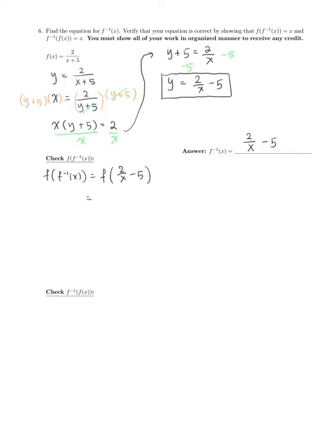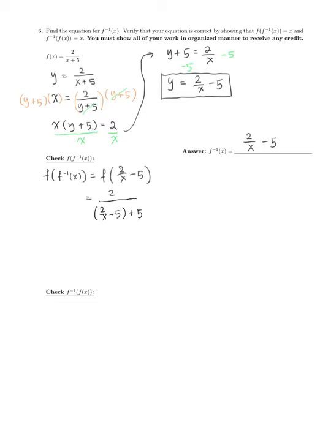So now what we need to do is look at function f, and then replace its x with what's in the parentheses. Are you all with me? So here you need to replace this x with 2 over x minus 5. So here we're going to have 2 over x minus 5 and then plus 5.